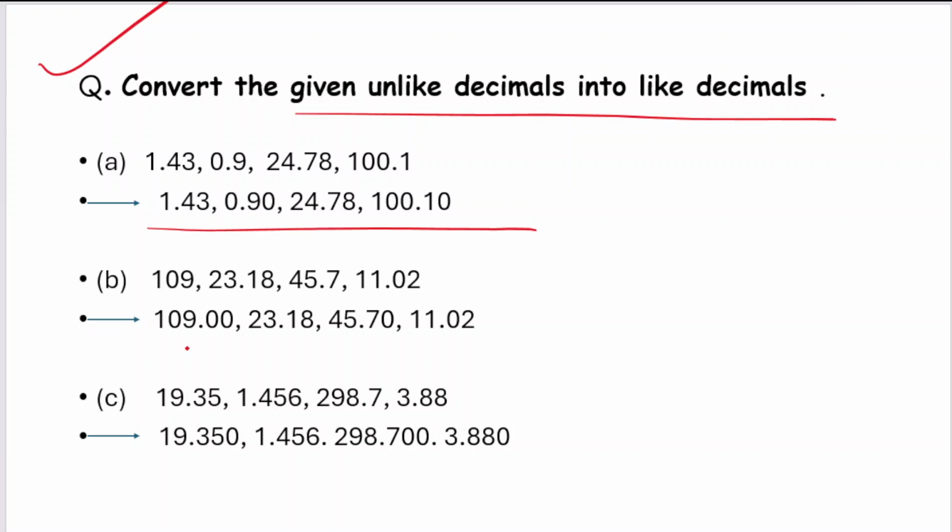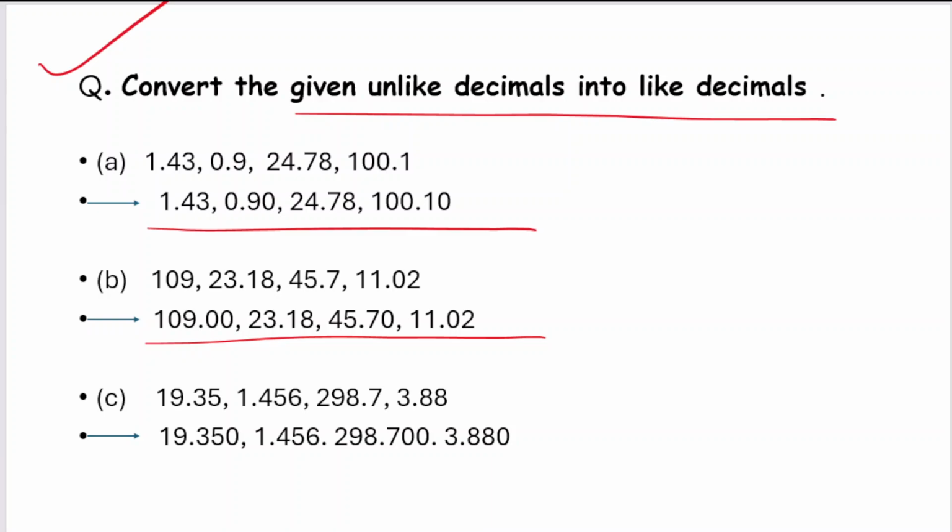In the same way, let us understand number B. 109. It is a whole part. Nothing is given in the decimal part. Then 23.18, 45.7, 11.02. So now maximum how many decimal places are there? 2.